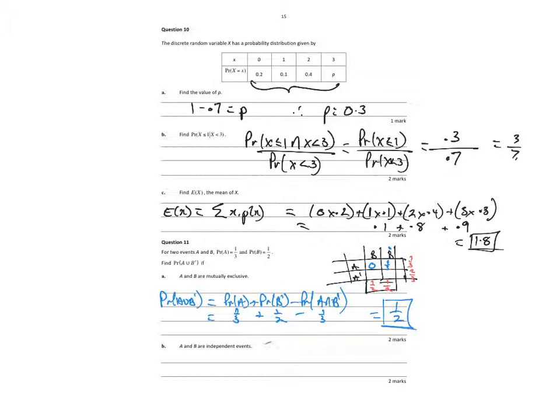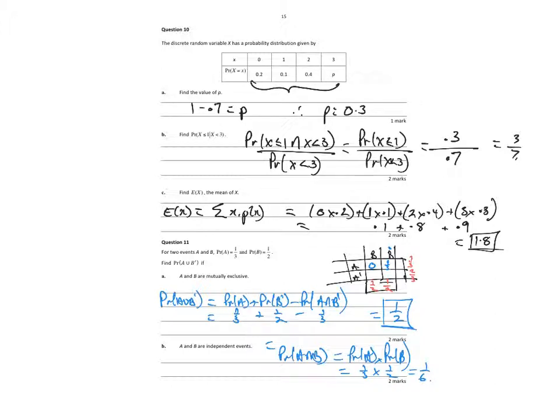For independent events, probability of A intersection B is equal to the probability of A times the probability of B, which in this case is equal to 1/3 times 1/2, which is equal to 1/6.